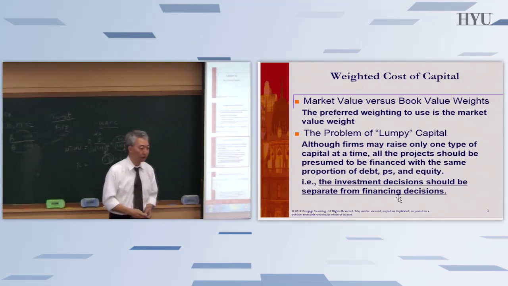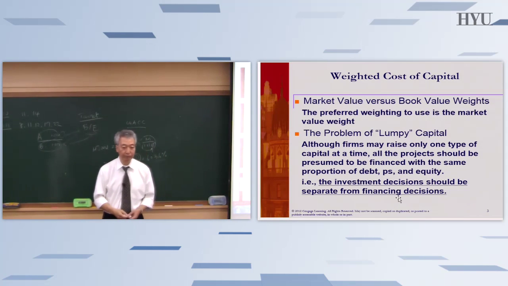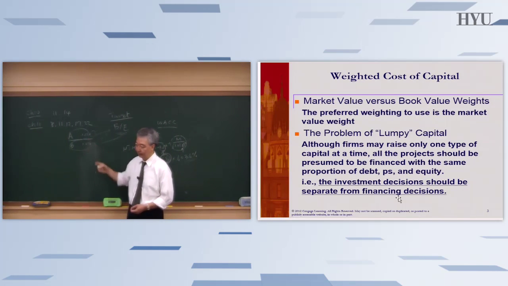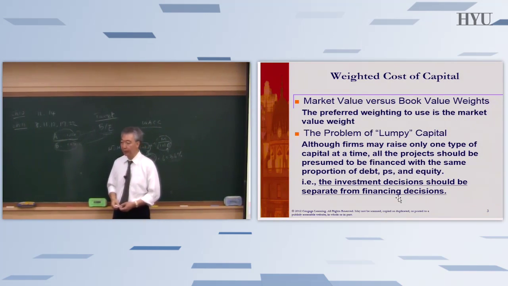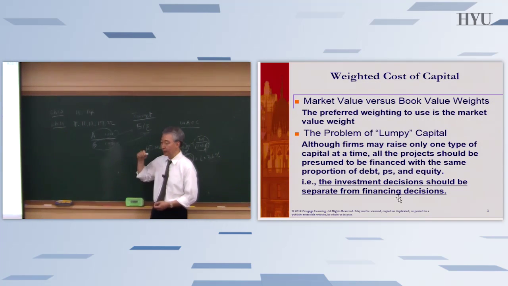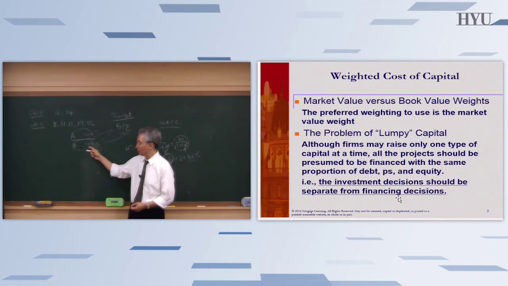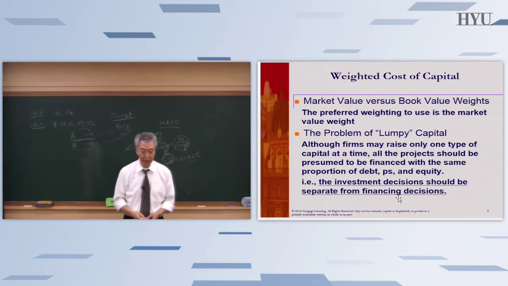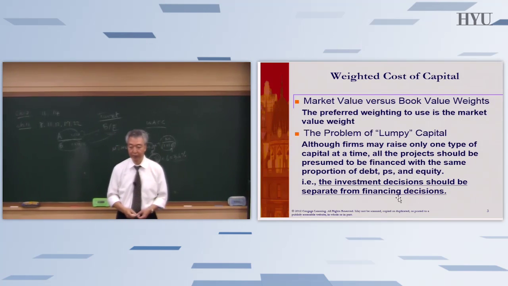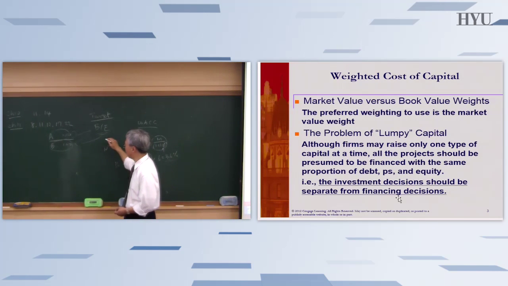If projects are identical in their risk level and return level, then the way you raise the capital should not matter. In other words, the investment decision should be separate from the financing decision. So from that point of view, the ideal way of making the decision is to use WACC. You have to calculate the overall average cost of capital.